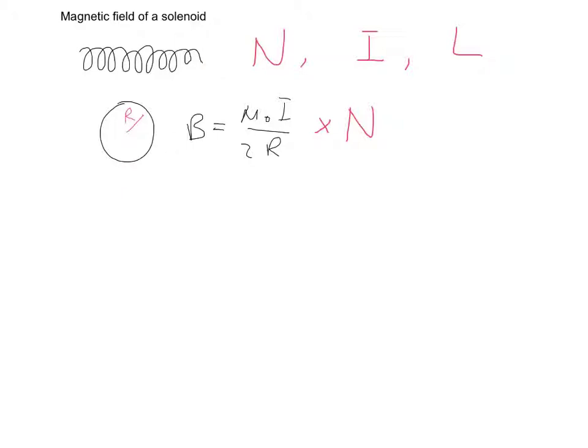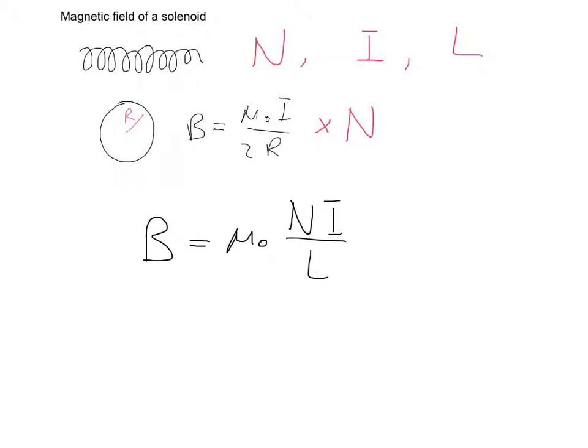Now, again, and unfortunately, I won't be able to prove this to you because we would need to know some calculus. But then the field of the solenoid is given by mu 0, again, N, which is the number of coils, times the current, and that makes sense, and then divided by L. And in a way, this also makes sense, right?